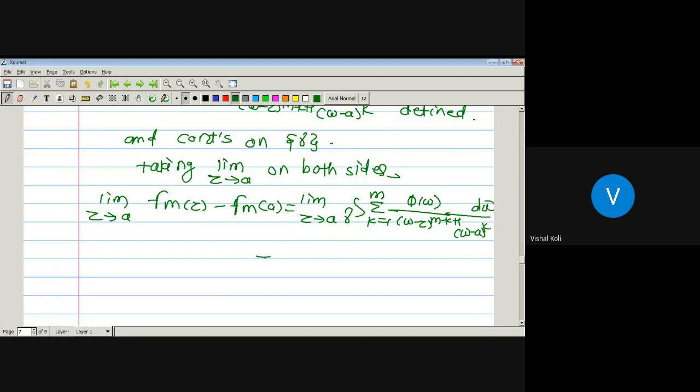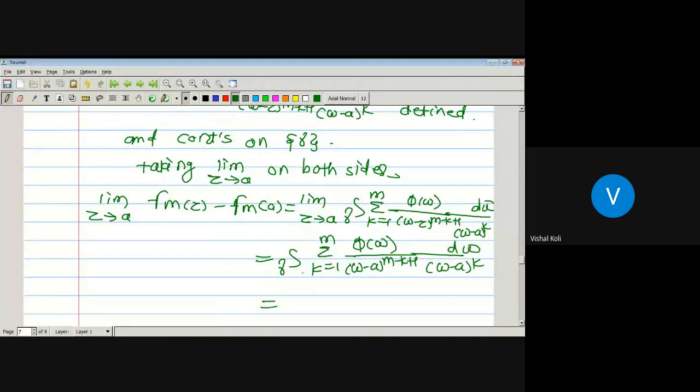Okay, now as z is tending towards a, replace this z by a, then integral over the curve gamma summation k running from 1 to m phi of w divided by w minus a to the power m minus k plus 1 into w minus a to the power k into dw.